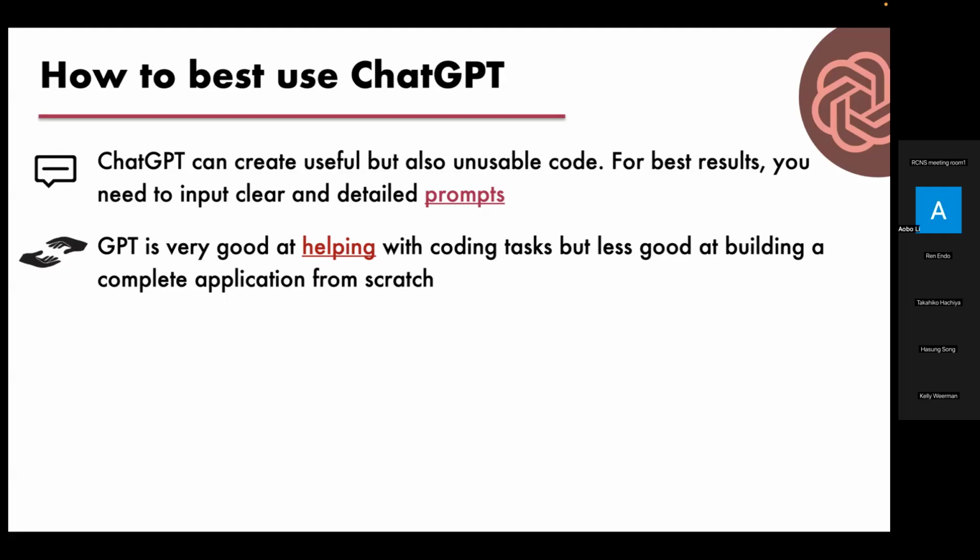Because if you just ask it to make a model, it's just going to generate some random stuff together. Sometimes it works, but it doesn't mean that it's a good model. So ask it to help you and not to create something from scratch.